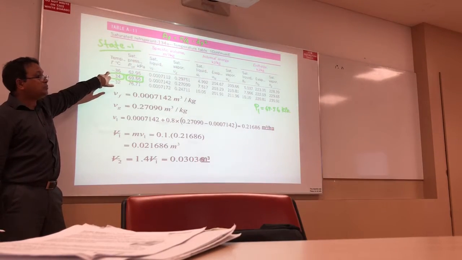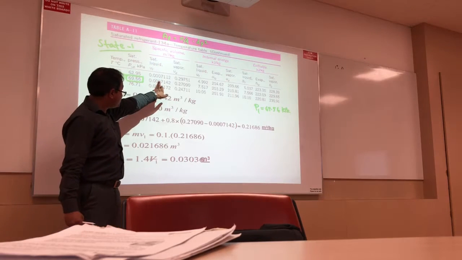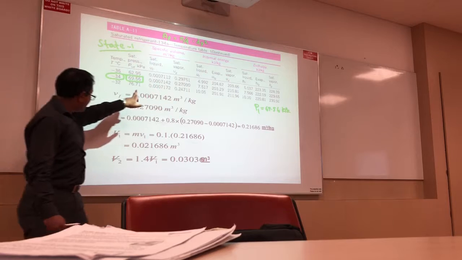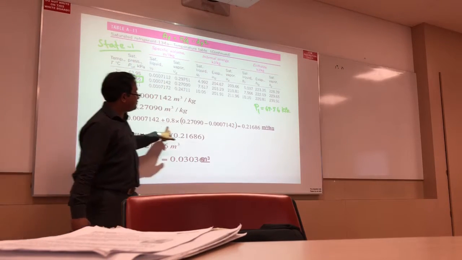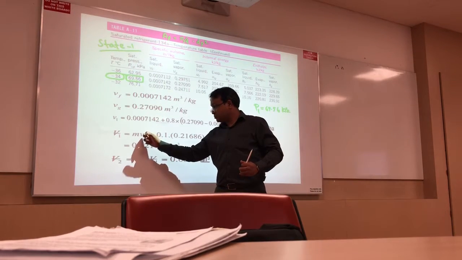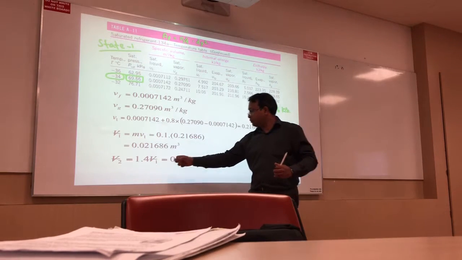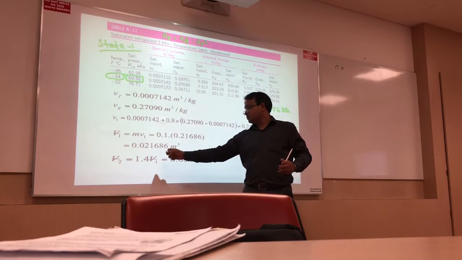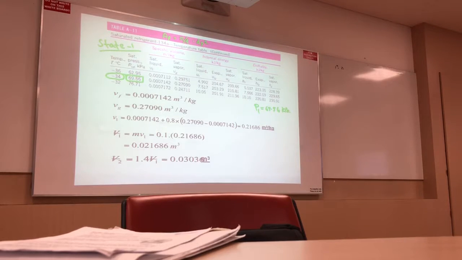Alright, so now I know the quality, 80%, right? So Vf is this one, Vg is this one. So I can find the quality, it is given. Then I can find V1, the specific volume at state 1. Then I know total mass, I know specific volume, I know total initial volume. Then final volume is 1.4 times V1, I showed you before. So this indicates Vf, this indicates Vg.